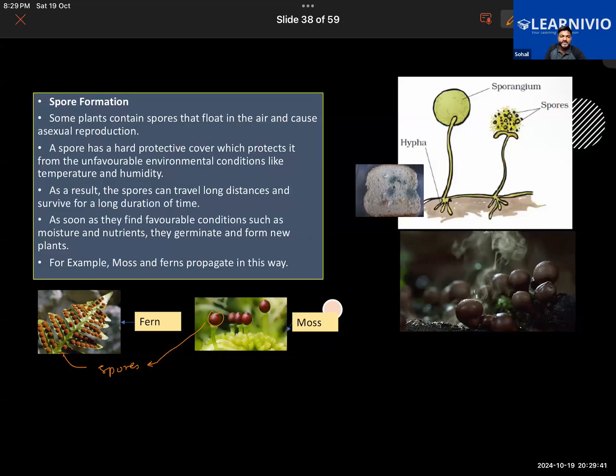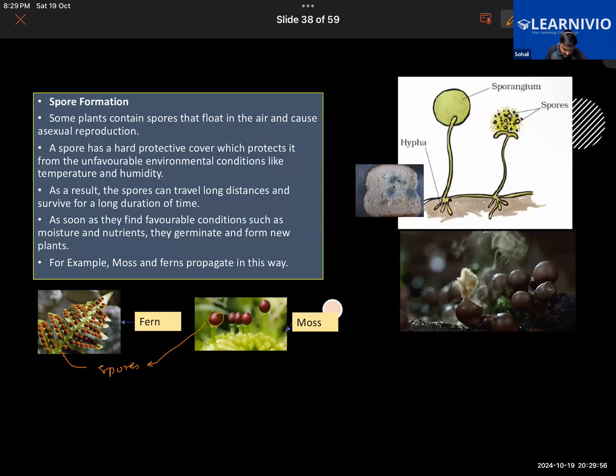So there are some plants that contain spores on their leaves particularly, and they will basically be floating in the air. Spores have a hard protective cover outside their body.